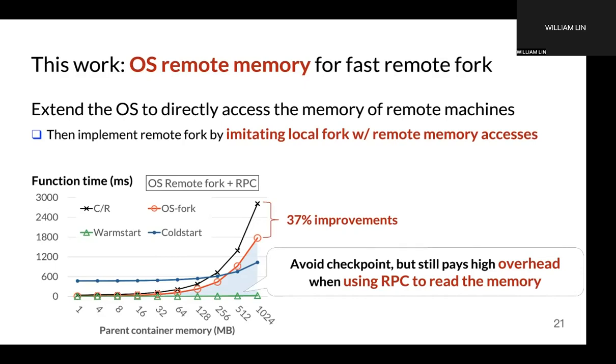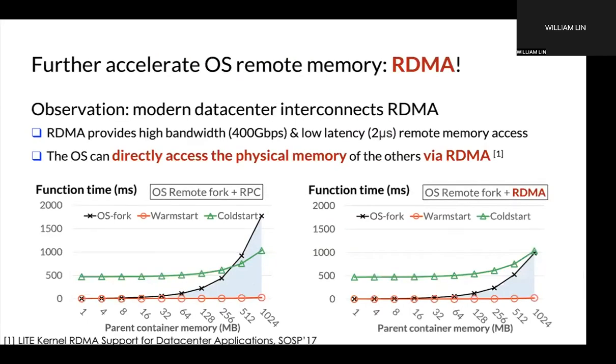Yet we find it is still not optimal because using RPC to access the remote OS memory is inefficient: it needs remote kernel involvement for memory fetches, and it also requires extensive system call overhead. So our final observation is that the remote memory abstraction perfectly matches the features provided by modern data center networks, namely RDMA.